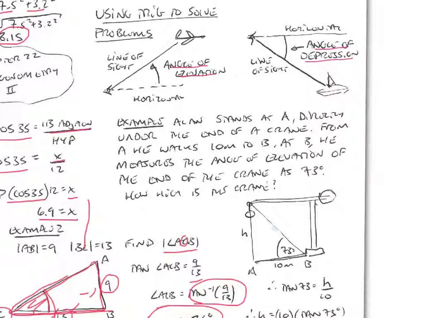Okay, so if someone is standing on the ground, looking along in a horizontal line of sight, and then a plane flies overhead and they suddenly look up towards the plane, well, the angle that's generated between the horizontal line of sight and this new line of sight looking up at an object is known as the angle of elevation.